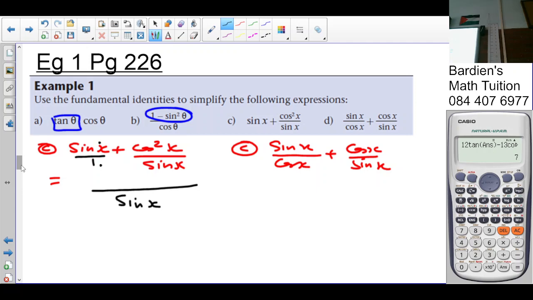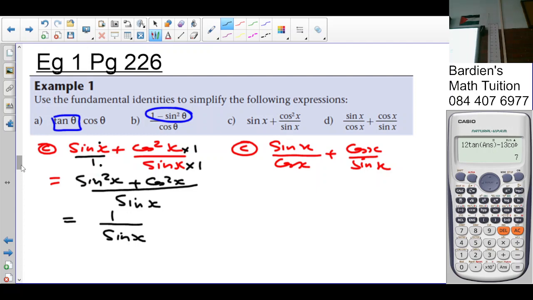So sin x times sin x, sin squared x plus sin x times 1, which gives me cos squared x. So what is sin squared x plus cos squared x? 1. So it's 1 over. Right, you guys understand? Any confusion?